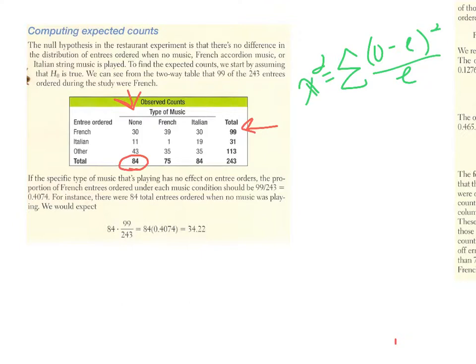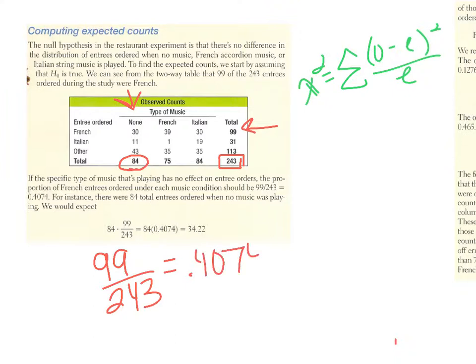Out of all of the entrees ever ordered, the 243 entrees, my percentage of French entrees is 99 over 243, which is basically 41% of all entrees ordered were French.